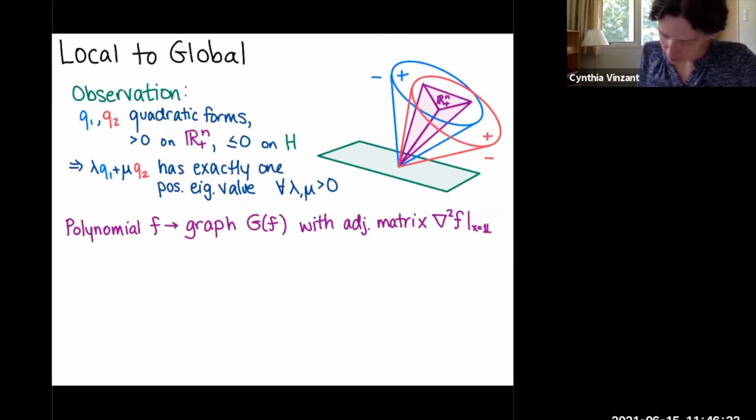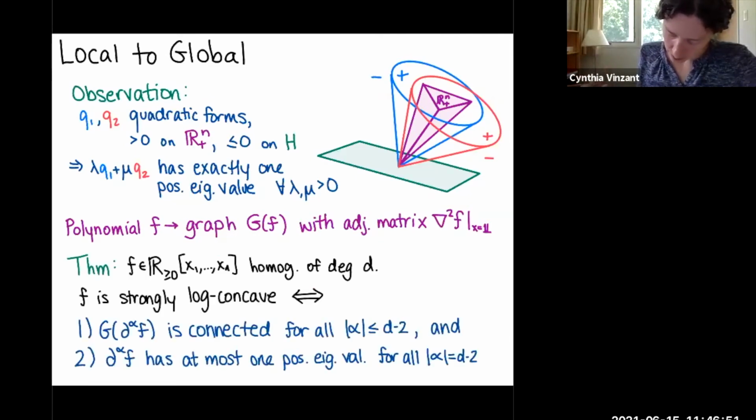And so in particular, just as a bit of notation, I associate a polynomial with a graph whose adjacency matrix is just the Hessian evaluated at the all ones vector. For the moment, let's not worry about weights on the edges, but just 0 or non-zero in terms of having an edge. Then we get the following characterization of strongly log-concave polynomials.